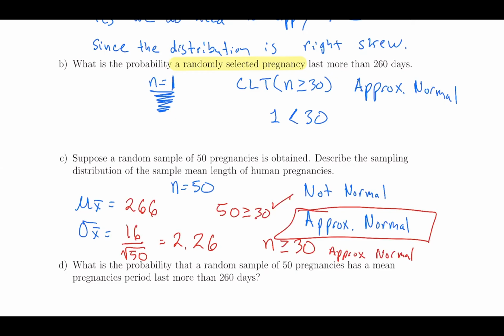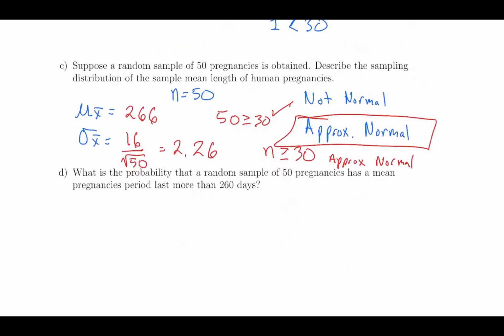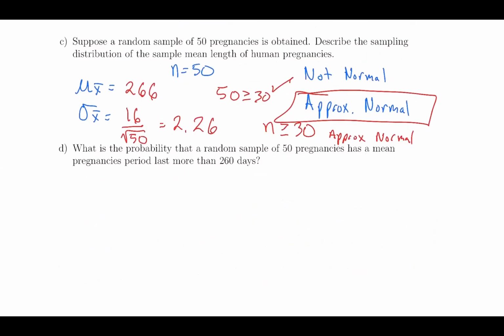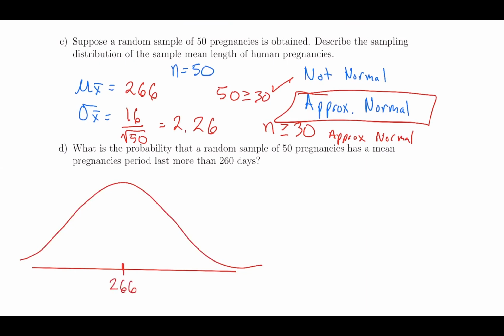All right, so let's do D, and then that's it. For D, it says, what is the probability that a random sample of 50 pregnancies has a mean pregnancy period that lasts more than 260 days? So we're going to go ahead and draw this out. We put the mean of 266 in the bottom. We want to find the probability that the pregnancy lasts more than 260 days. So 260 days is somewhere over here to the left of 266.